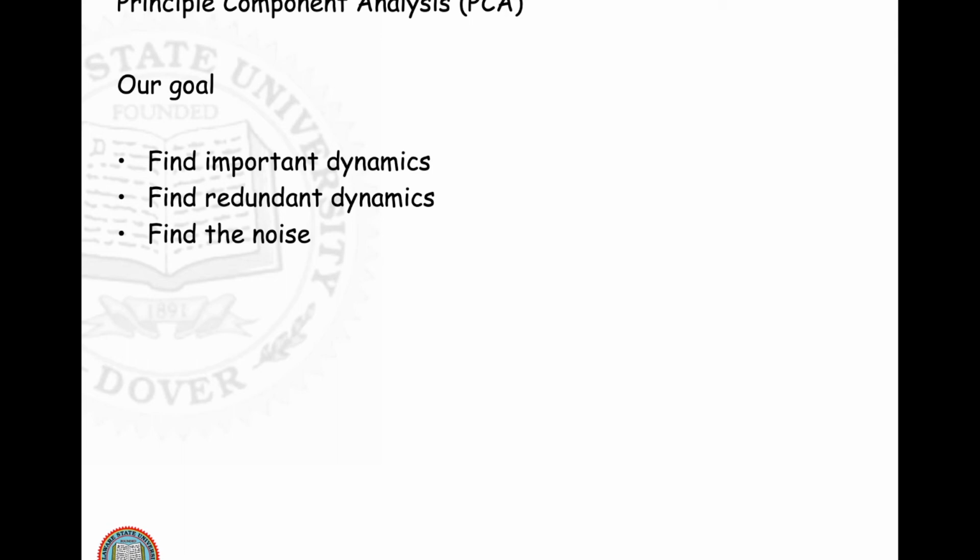And you can also find the sources of noise, those confounding factors like those wiggly paths due to the camera vibrating, or the off-center mass motion resulting from the non-idealized spring. So this is our goal.